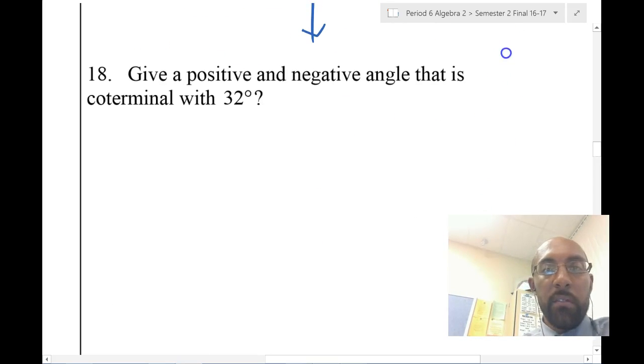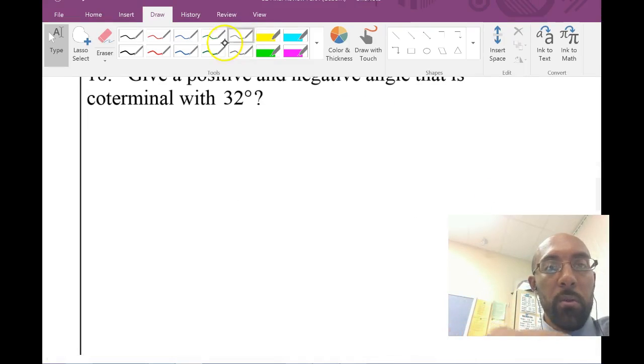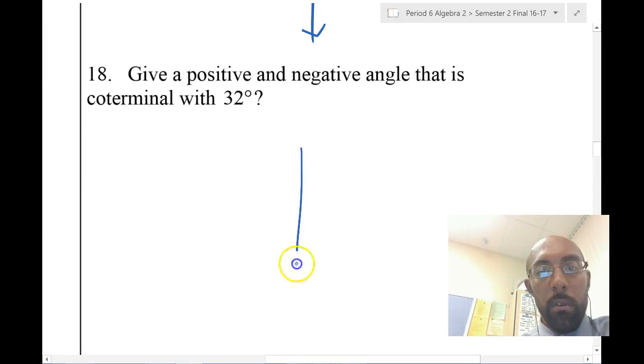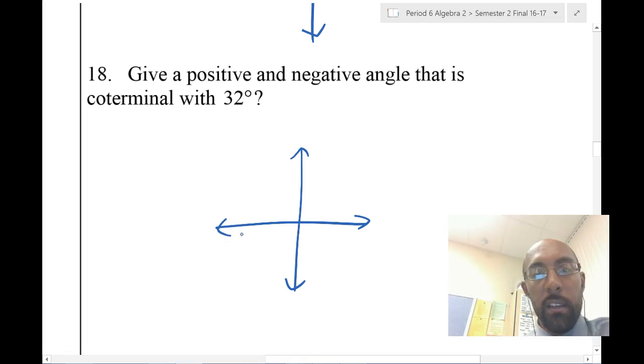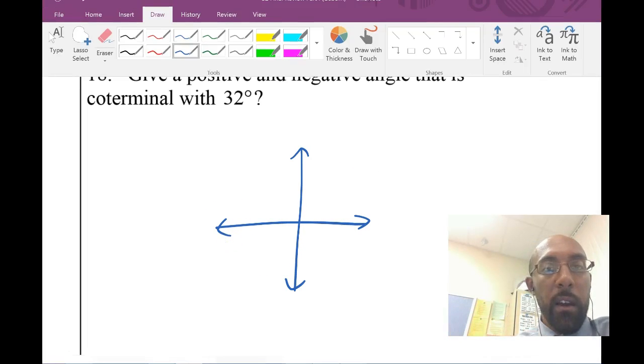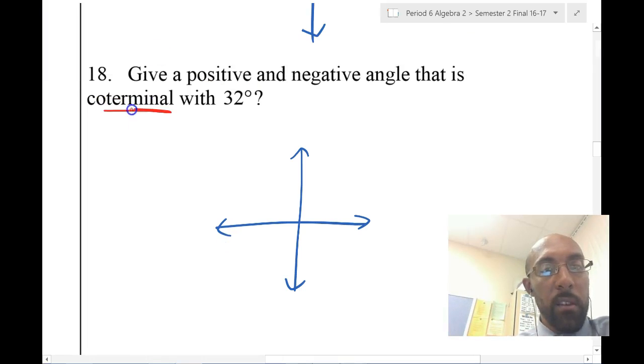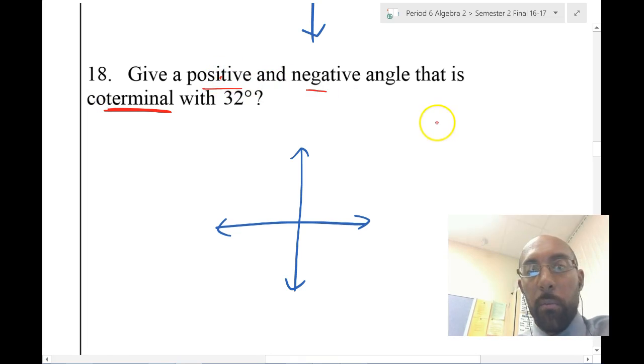Now give a positive and a negative angle that is coterminal with 32. All right, well, we're going to use that same idea that if I add or subtract 360, I will get an angle that is coterminal. So I want a positive and a negative. To get the positive, add 360.